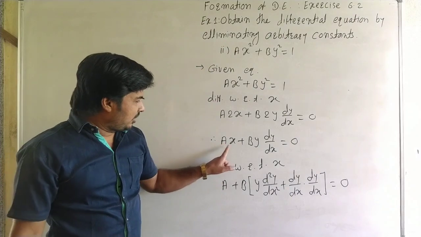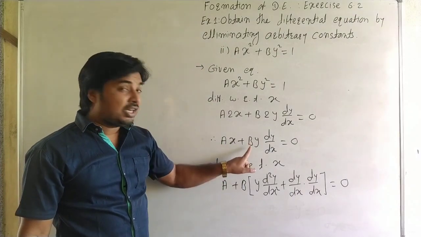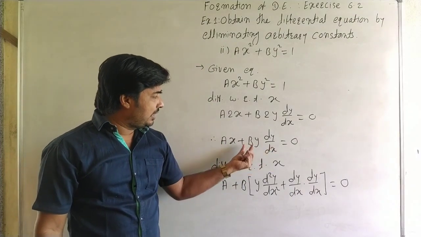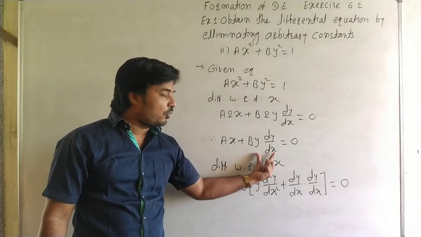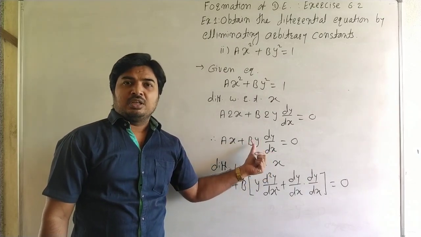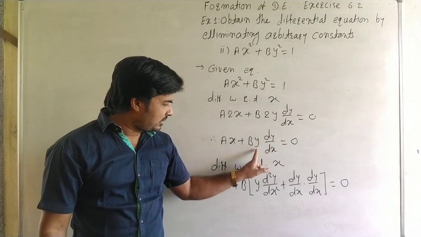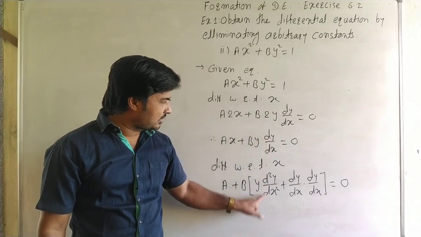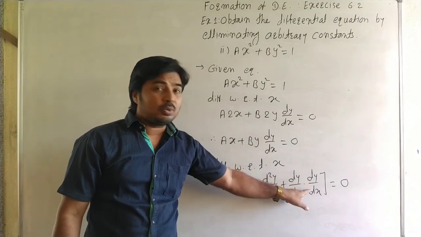Here derivative of ax it is a, derivative of b into y dy by dx, b as it is, and here derivative of y into dy by dx, derivative of u into v, first as it is, derivative of second function, then second as it is, derivative of first function.